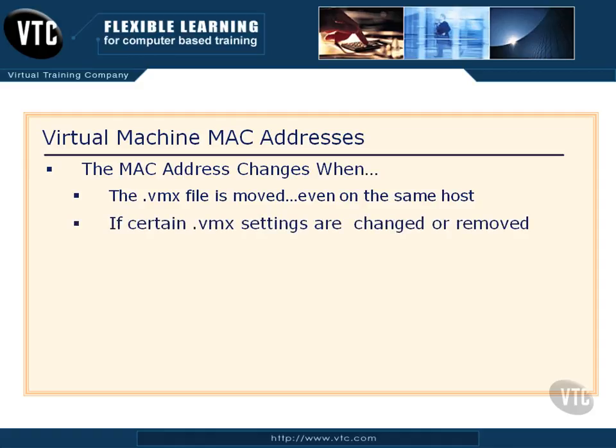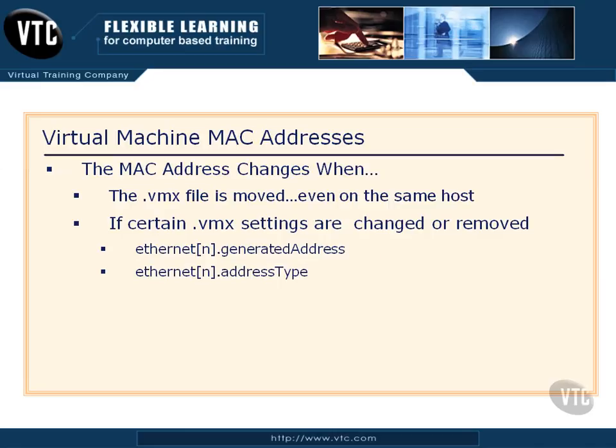you're going to get a newly generated MAC address. Now if certain VMX settings or certain lines in that .vmx file are changed or removed, it's going to generate a new MAC address. And if you remember that Ethernet 0 generated address, the N means the number of the virtual network adapter. So if you change or remove the line that said Ethernet 0 generated address, then it's going to generate a new MAC address.